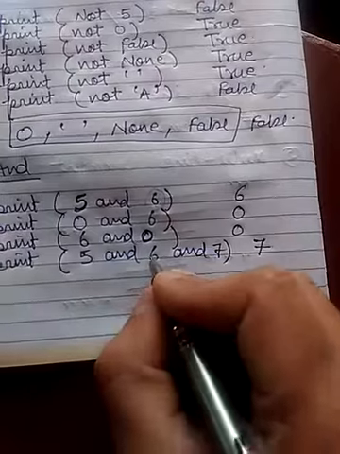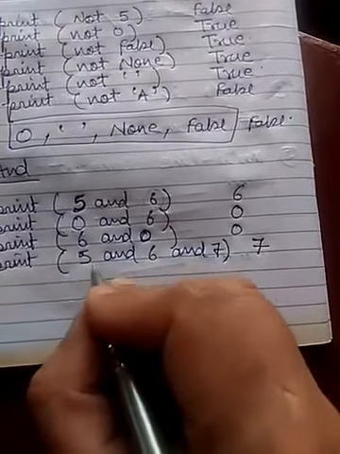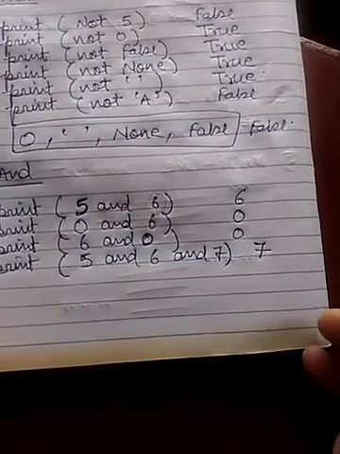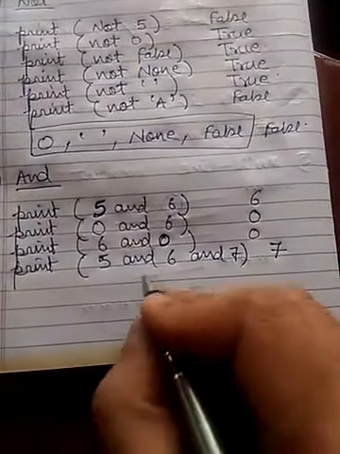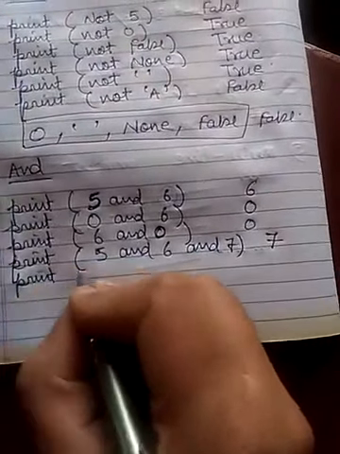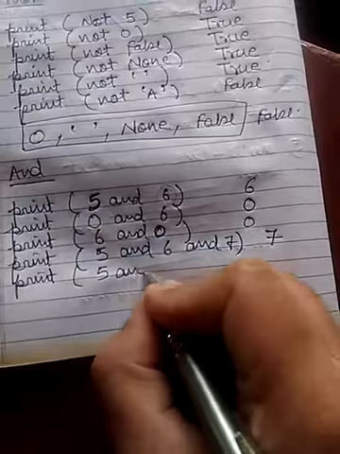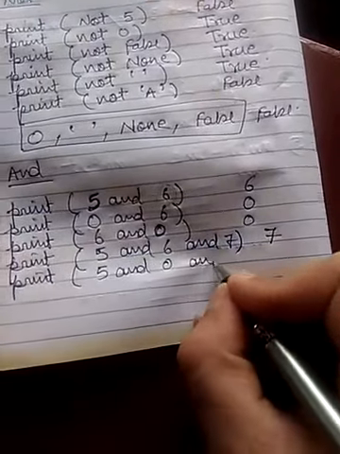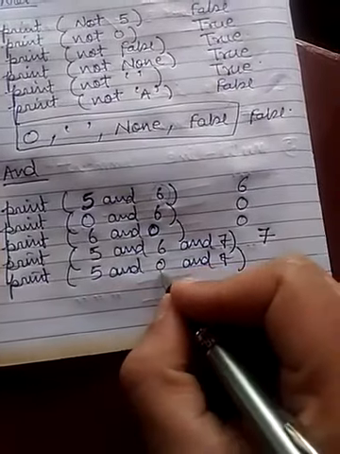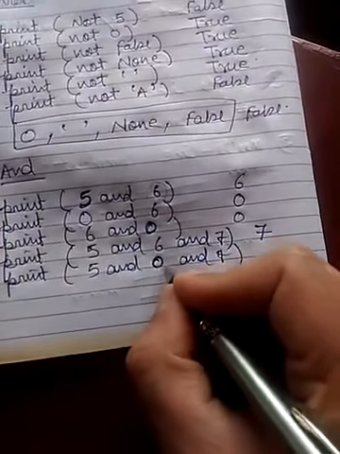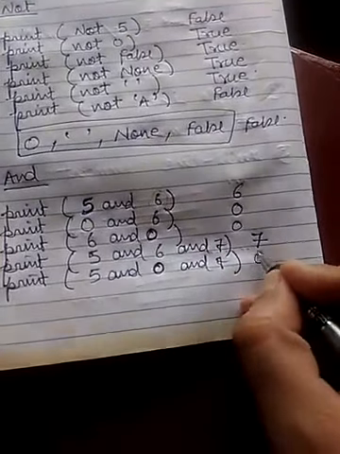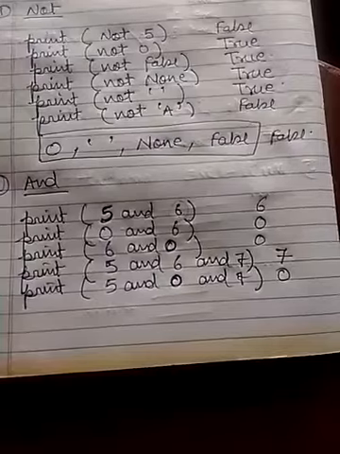If any of the values is 0, then the interpreter will report 0, because all conditions must be true for evaluating the AND condition. In the same way, if I write print 5 and 0 and 7, the first condition is true, it moves to the second value, which is false, then the interpreter will not move to the third value, hence 0 will be the answer. In this way it is evaluated.